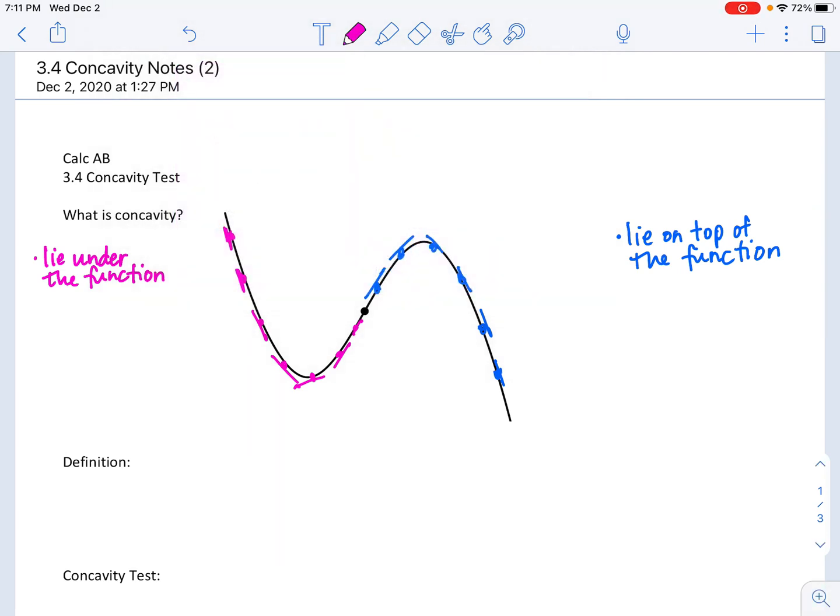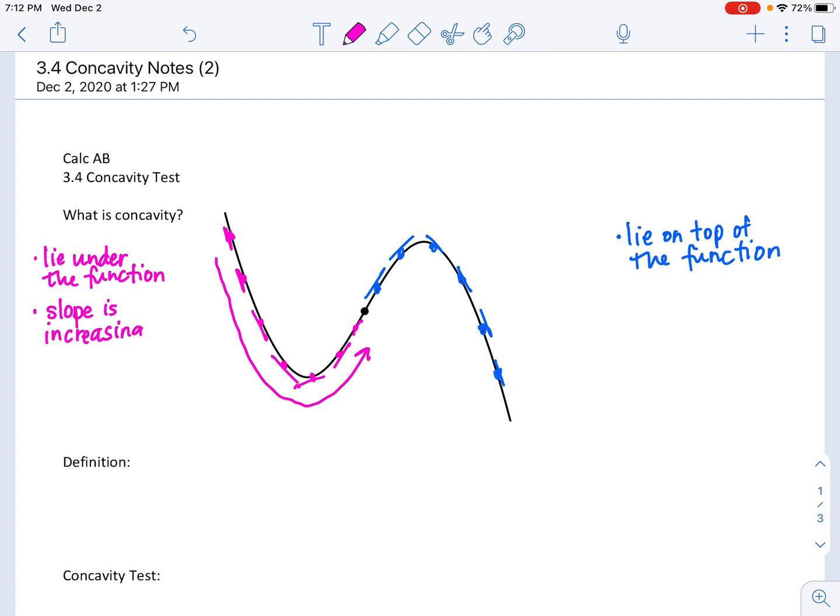The not so obvious thing is the relative value of the slopes of each line. As we move to the right, all of these pink tangent lines are growing in value as far as their slope is concerned. So the slope is increasing, meaning it's getting larger and larger, like on a number line.